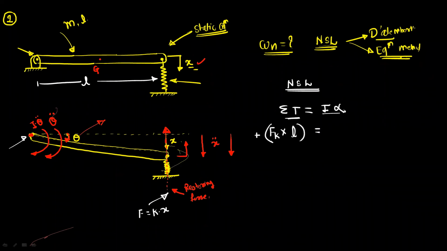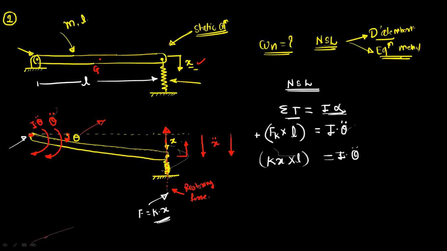This is equal to I into alpha, where alpha means theta double dot, the acceleration. Now put the exact value of Fk, that is K into x. So Kx into L is equal to I theta double dot.